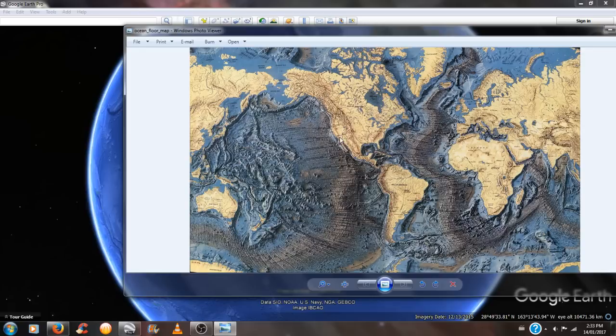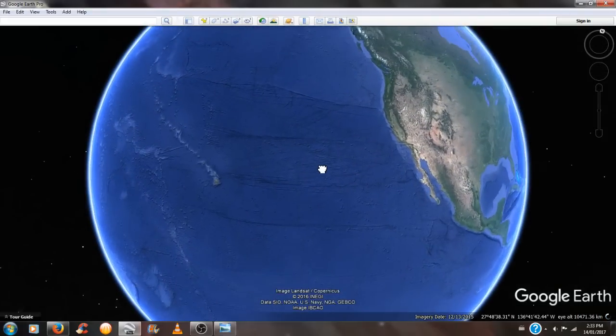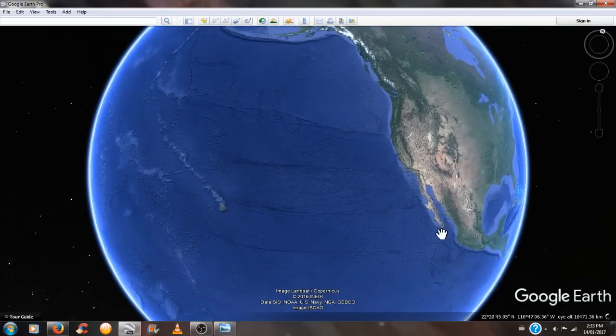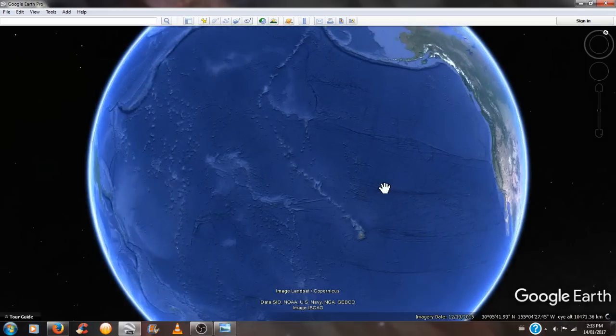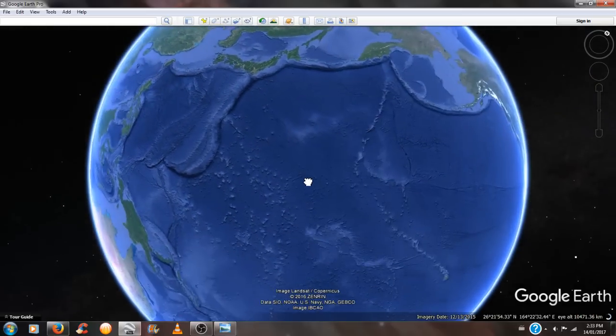Now remember, they're not going to be exact, right? But the overall shape is going to be nailed, because you have to remember that the sea level is different, okay? But, okay, let's back up. So, for example, we're trying to line up the West Coast with Asia over here, okay?